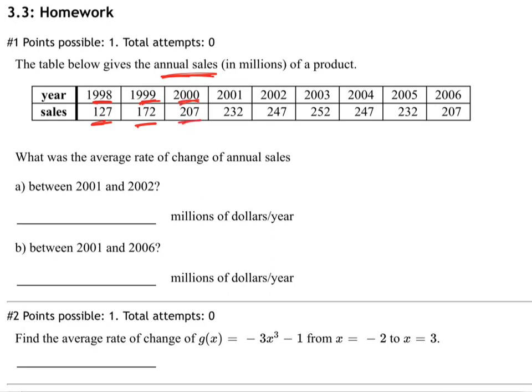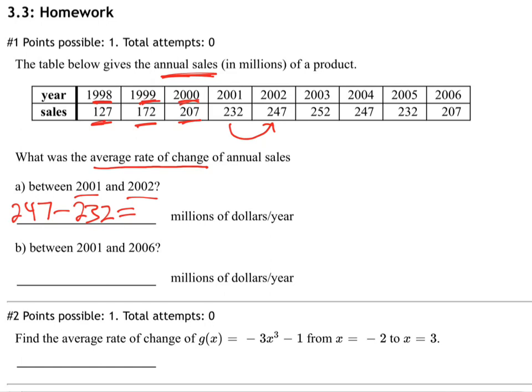So what was the average rate of change between 2001 and 2002? 15 million. Yeah, good. How did you come up with that, Dalton? I just subtract. Well, what you could do is just subtract 247 from 232. Exactly. Perfect.